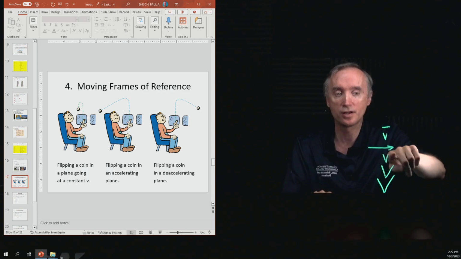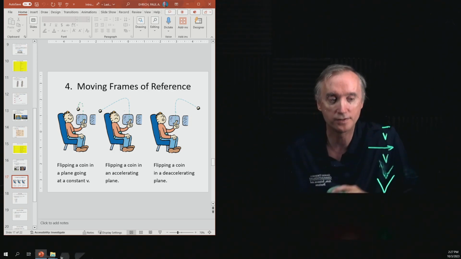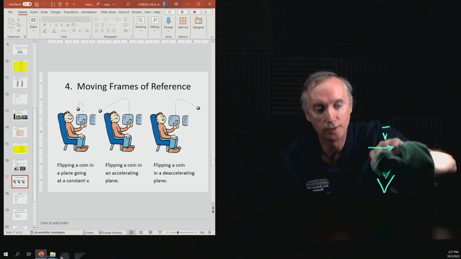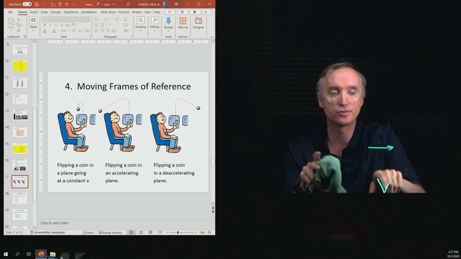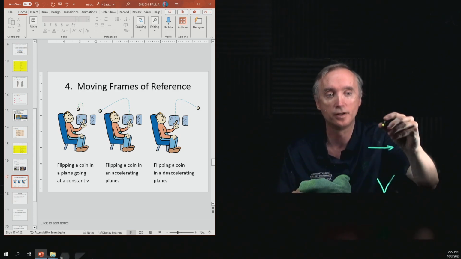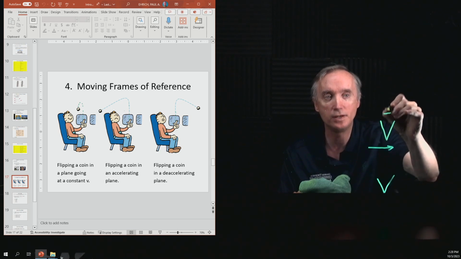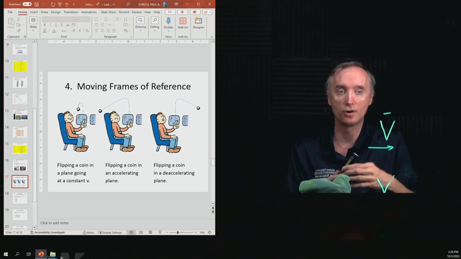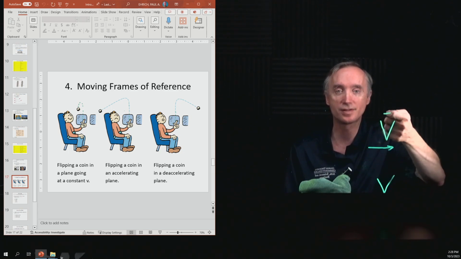Let's say that you're coming in fast. Remember that you're coming in fast so that your speed is pretty big. So I will put a large speed here, and this is the speed of the coin as you are flipping it. It's the same as your speed the second that you flip it.